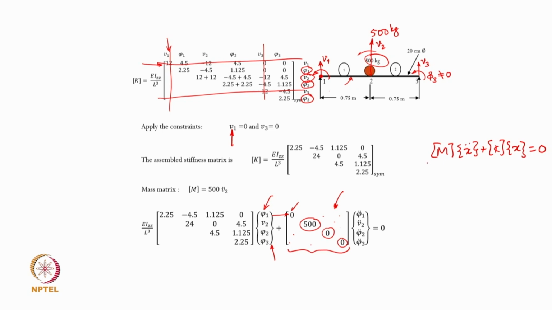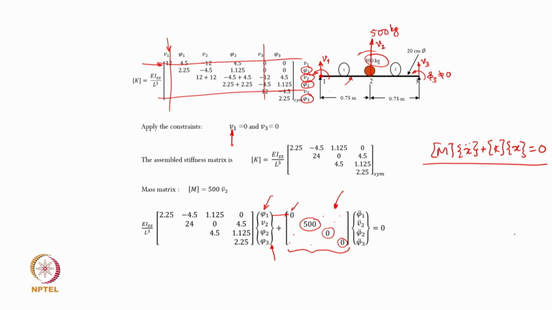Once we formulate this as the governing equation of motion, the subsequent solution process is exactly identical to what we have already discussed for fewer degrees of freedom, even in multi degree of freedom systems. So, the whole subsequent process is similar: you assume the harmonic response solution and then set it up as an eigenvalue problem for finding natural frequencies and mode shapes.